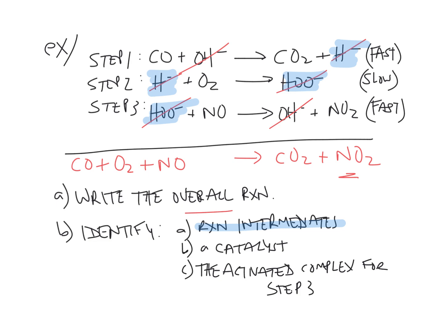A catalyst. Okay, it's the first time we've seen a catalyst. A catalyst acts sort of like an intermediate, but in almost the opposite way. A catalyst does not appear in the overall reaction. Maybe I can write this to the side here. So it's not in the overall, and instead of first appearing on the right-hand side, it first appears on the left-hand side as a reactant, and then it gets canceled.